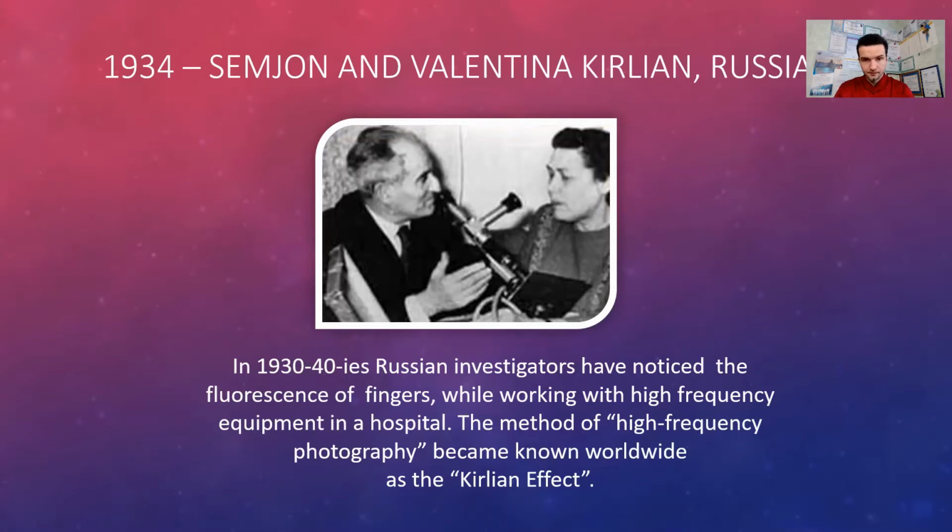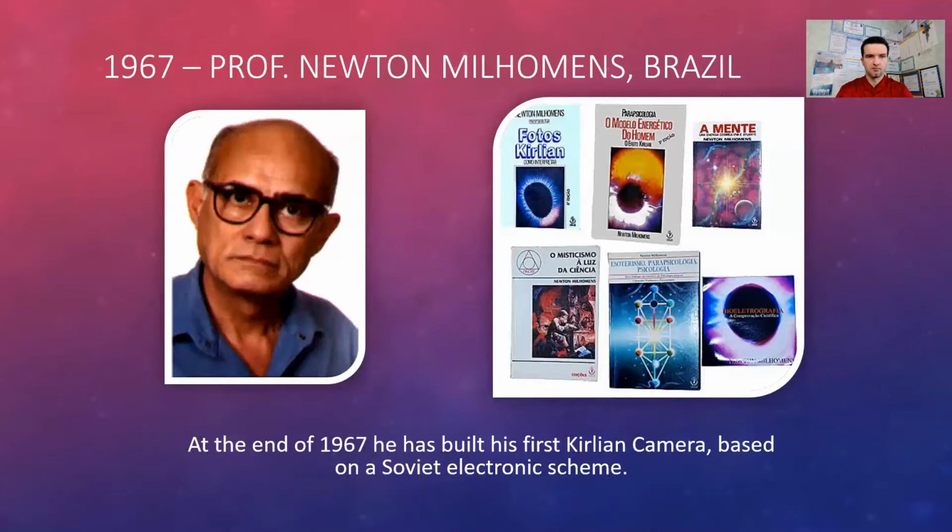So what has happened next is that Professor Newton Milhomens in Brazil has built his first Kirlian camera that was photographing the glow of the fingers on the photographic film. Even though he has based his device on the Soviet electronic scheme, doesn't matter.